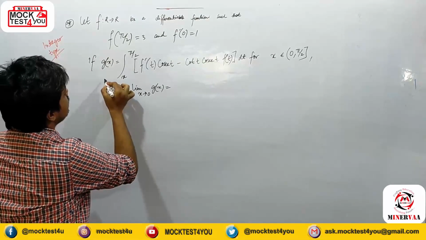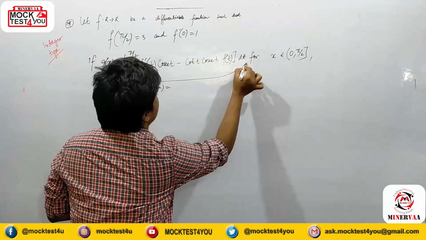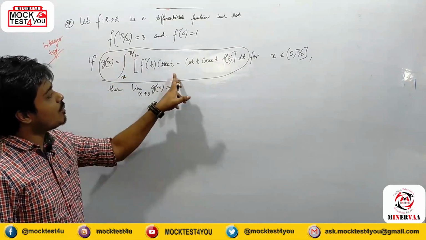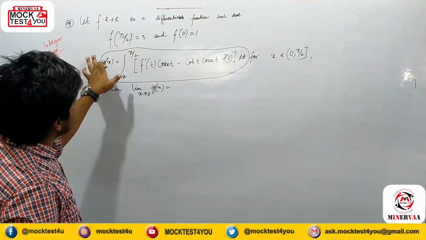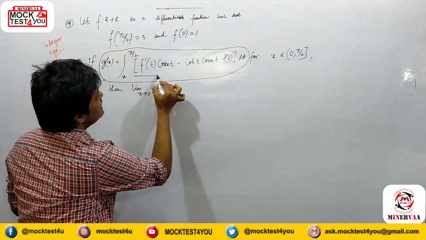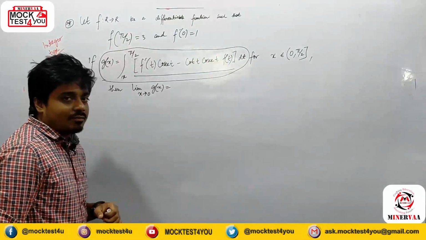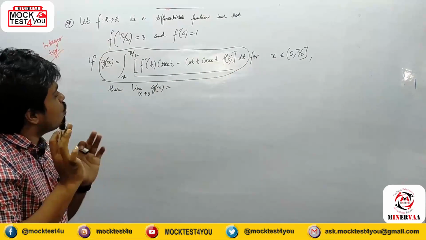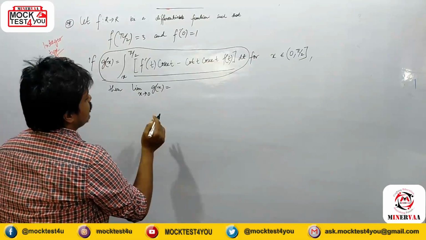Look here, this is my g(x). This whole thing is my g(x), so I have to start from here. When you see g(x), what do you see? Whatever is inside this third bracket. Now visualize this, and look at it very carefully.